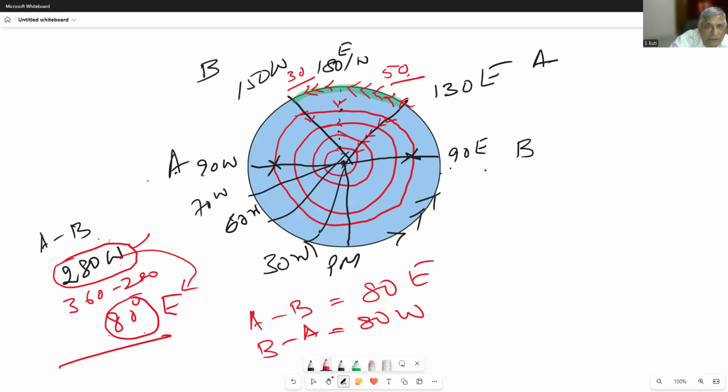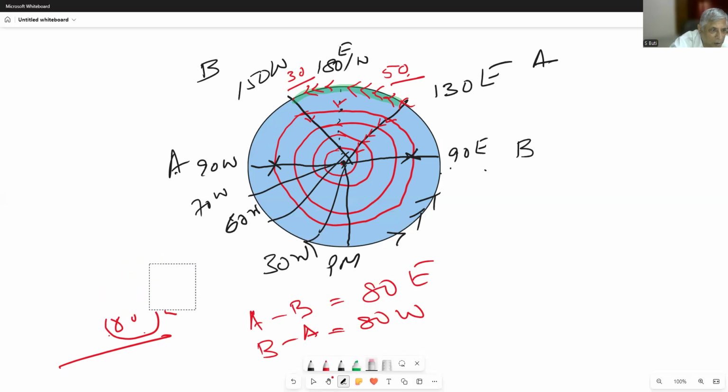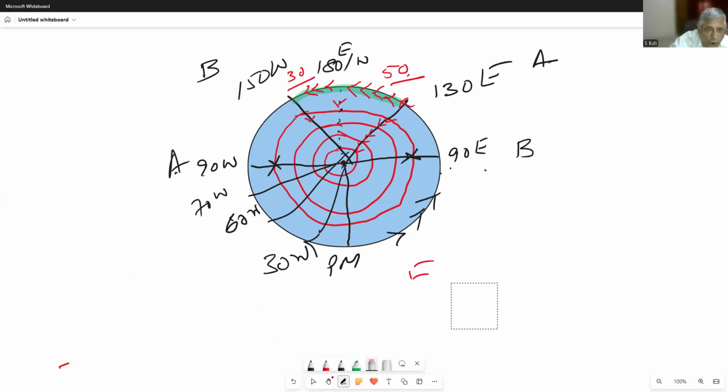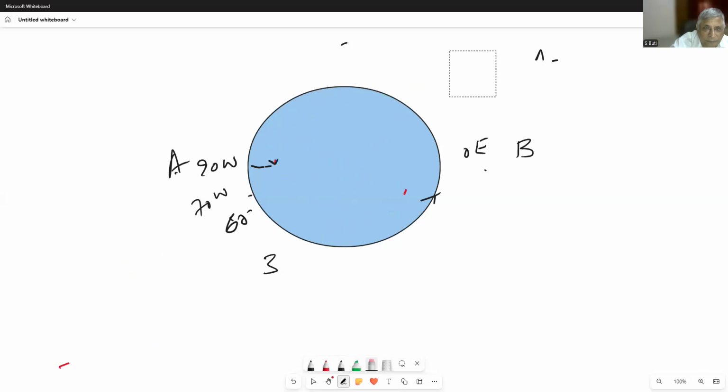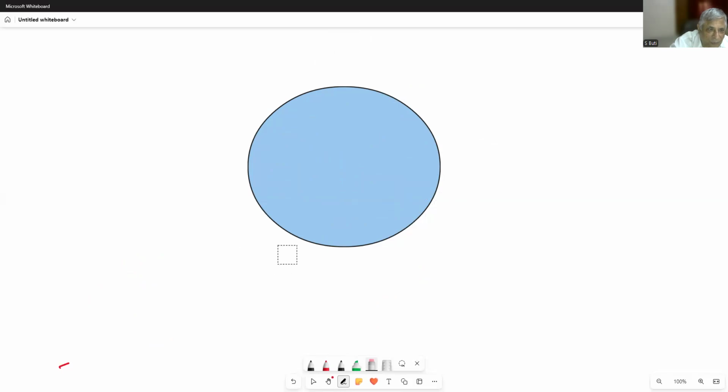And let us see now change of latitude when you are crossing over the pole. Here, in that case, how do we sort it out? This is the North Pole.